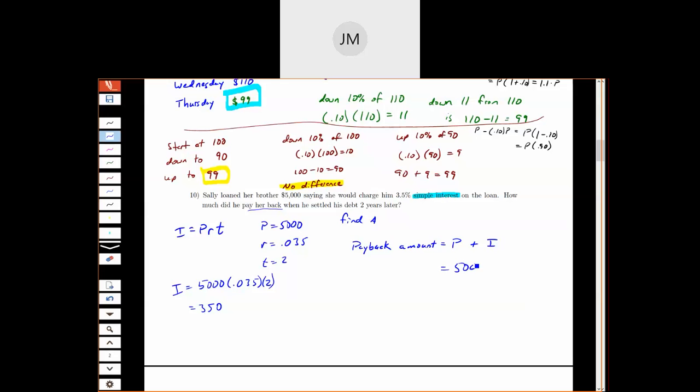So our original 5,000 plus the $350 in interest gives us $5,350.